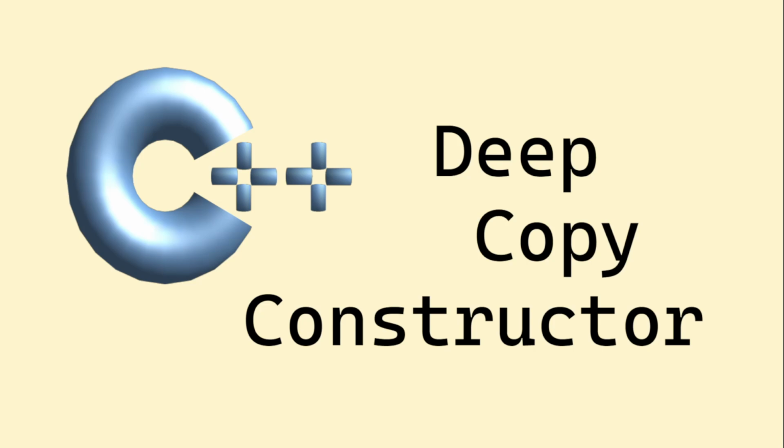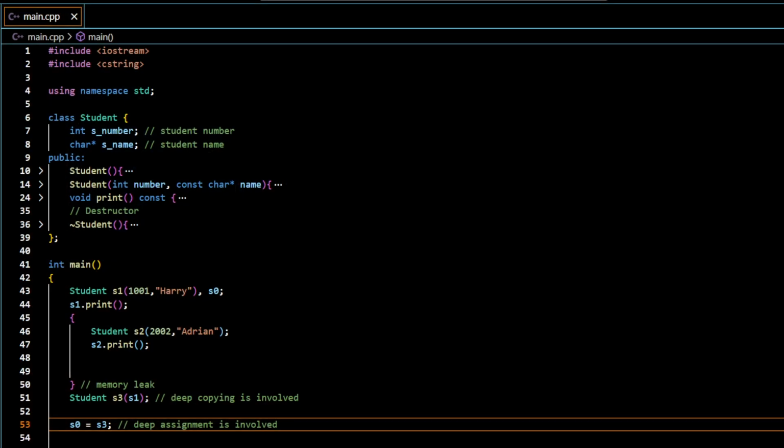This is a video focused on coding, therefore I am going to jump right into the coding. Here I have code which shows a definition of a class called Student with attributes student number and a pointer, which is going to be used to store the name of the student in dynamic memory space.